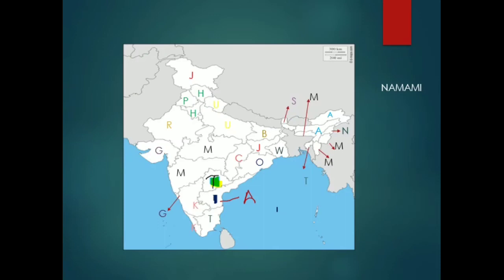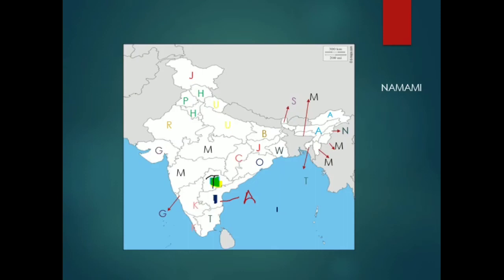There are many methods to memorize all the states and capitals and locate them in a political map. But here I am giving a simple method which is suitable for you. That is writing all the states in alphabetical order.